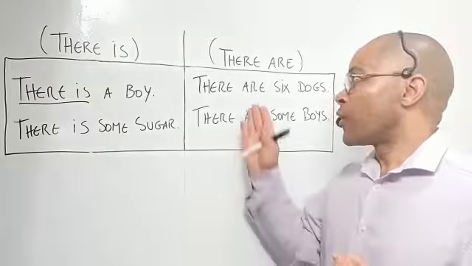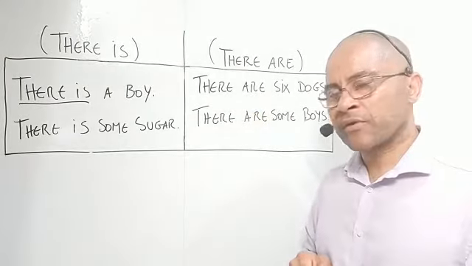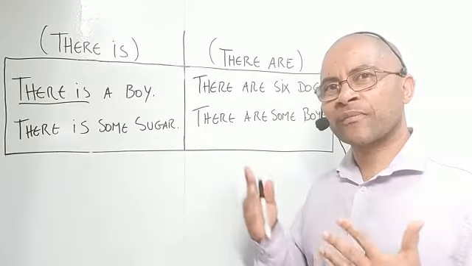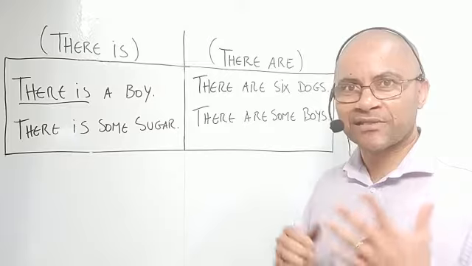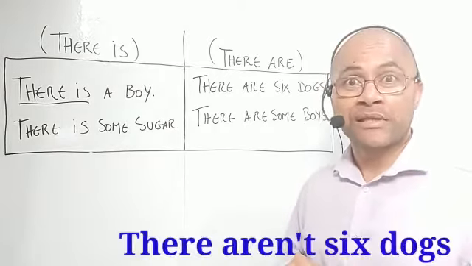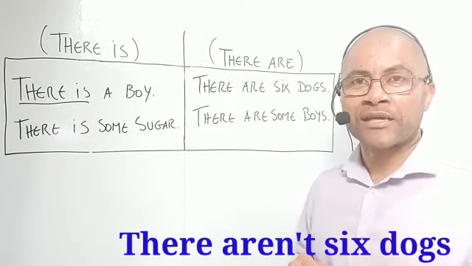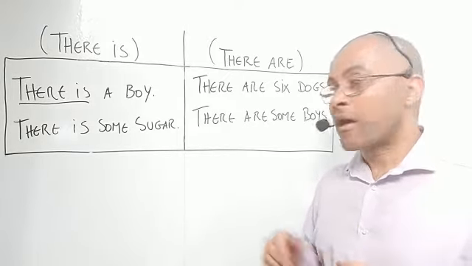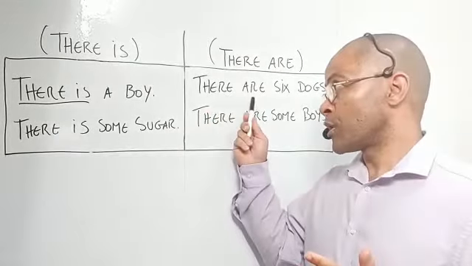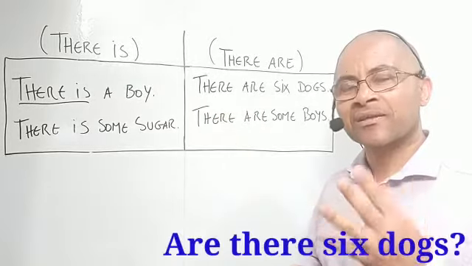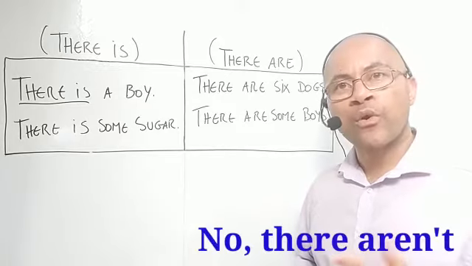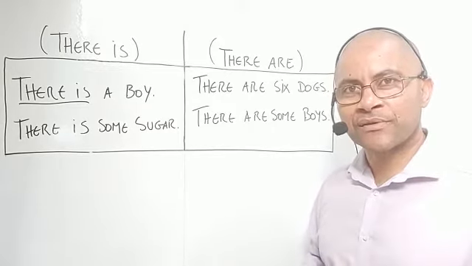Okay? Now, let's start with the first one. There are 6 dogs. How can I transform that sentence into a negative sentence, for example, or a question? So, there aren't 6 dogs is the negative. And then the question, once again, we change the position of the verb to be and there. So, a verb to be comes first. Are there 6 dogs? Yes, there are, or no, there aren't. Could be the answers, okay?